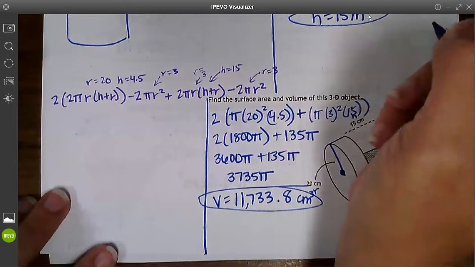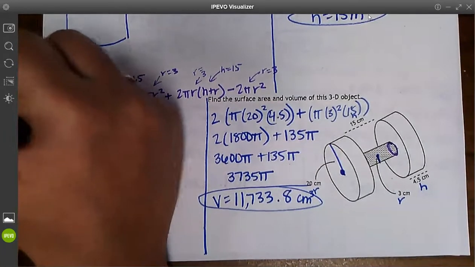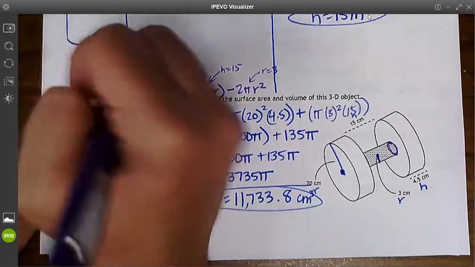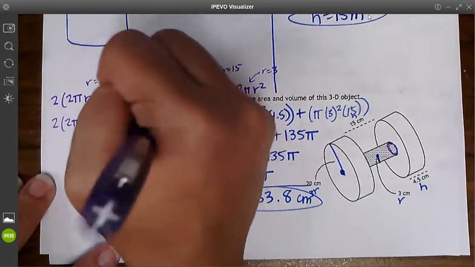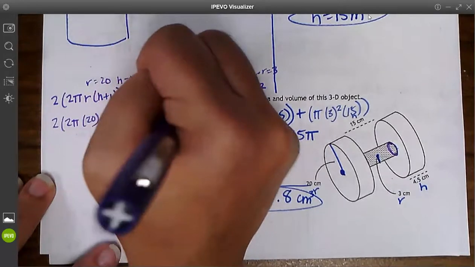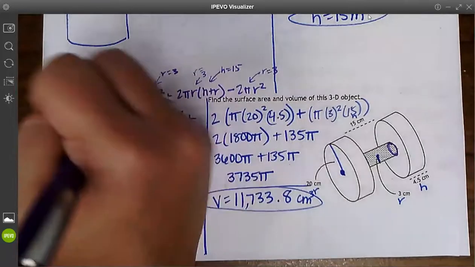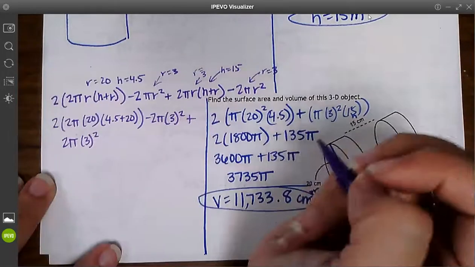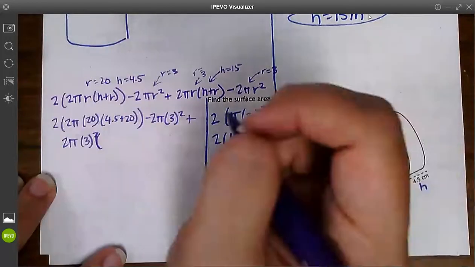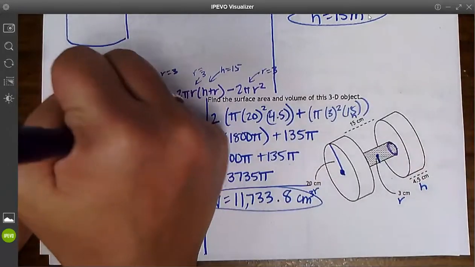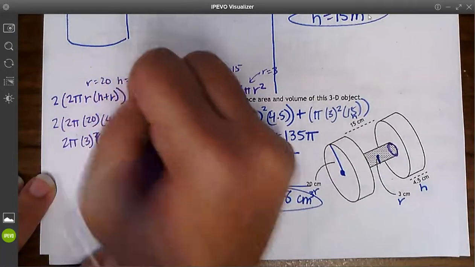So now I'm going to plug all of that in. So 2 times 2 pi times 20 times 4.5 plus 20 minus 2 pi times 3 squared plus 2 pi times 3, not squared, sorry, times my 3 plus 15 minus 2 pi times 3 squared.